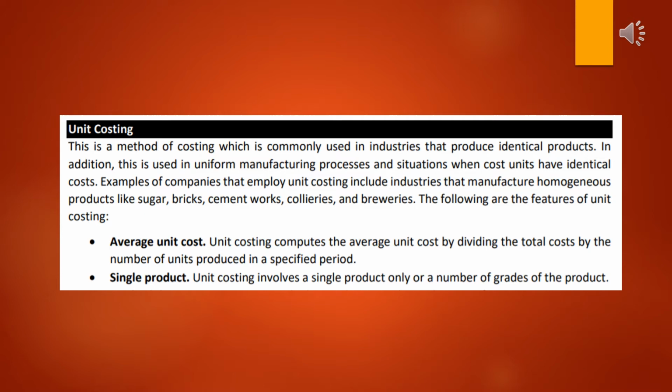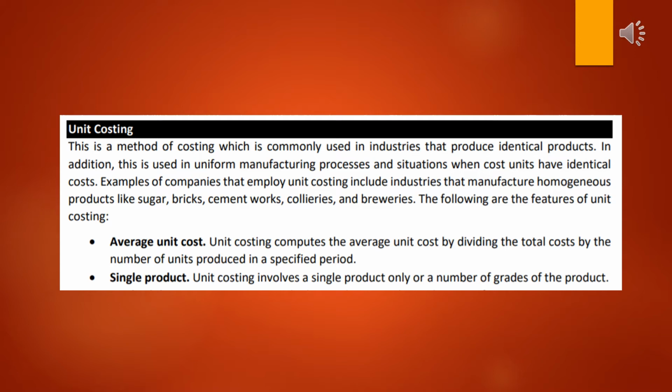In average unit cost, it computes the average unit cost by dividing your total cost, or lahat ng na-expense natin or nagamit natin or na-spend natin in producing your products, and divided by the total units of production in a specified period. And we have also a single product, since unit costing involves a single product only or a number of grades of the product.